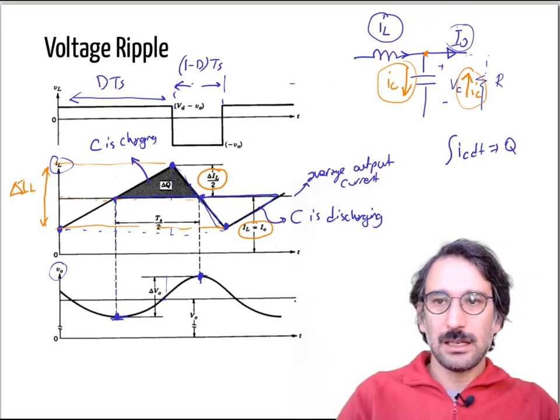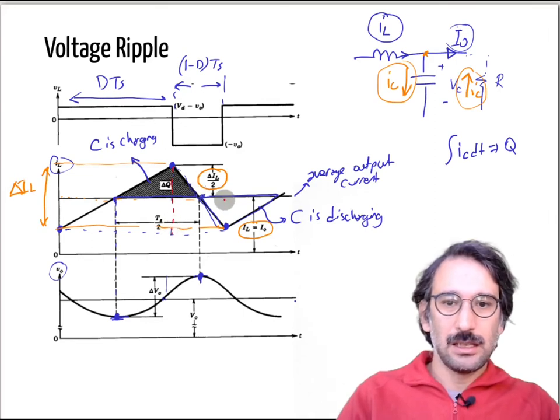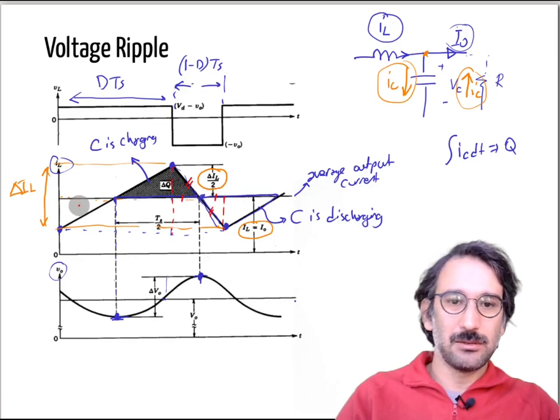Let's draw a line here, and let's draw a line here. You can see that line has the same length as that one, and the same thing is here and here, because of these triangles.